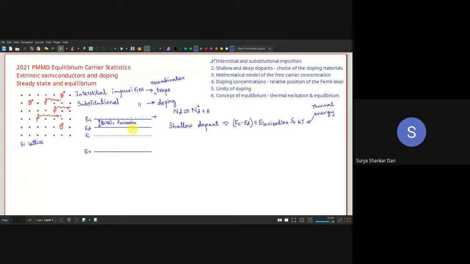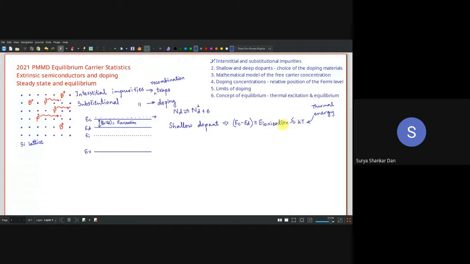Connect the dots. Shallow dopant means ED is very close to EC. So for EC minus ED, the ionization energy of that particular donor should be less than the thermal energy.